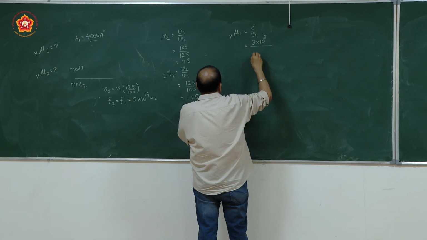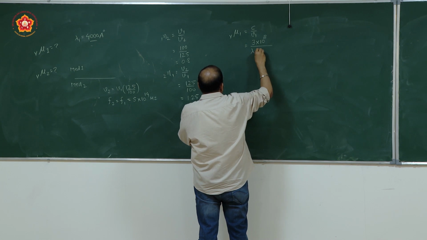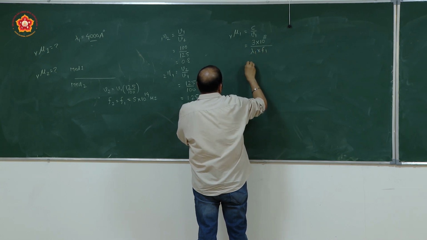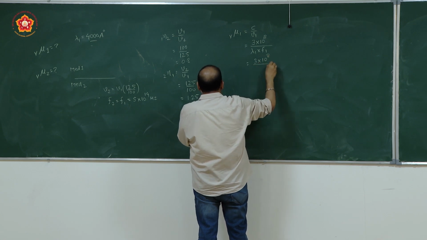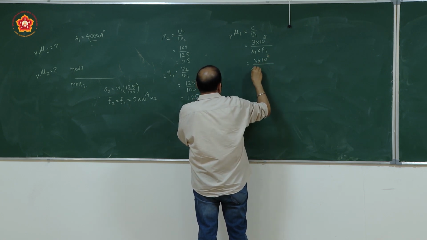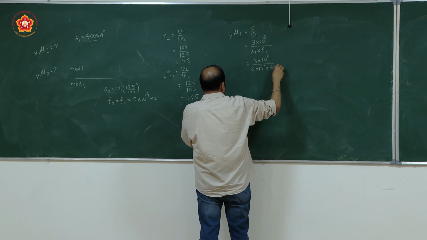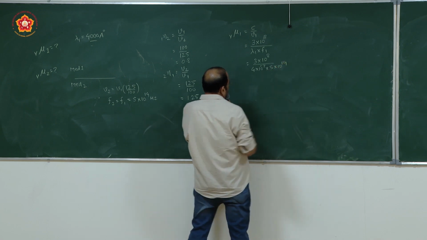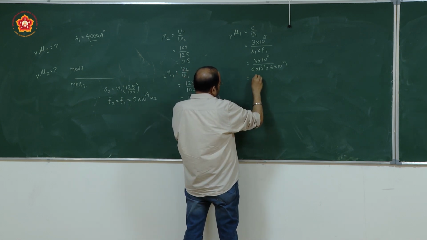Velocity in the first medium will be lambda 1 multiplied by frequency f1. So it is 3 into 10 to the power 8 divided by 4 into 10 to the power minus 7 multiplied by 5 into 10 to the power 14. So you will have this as 3 by 2.